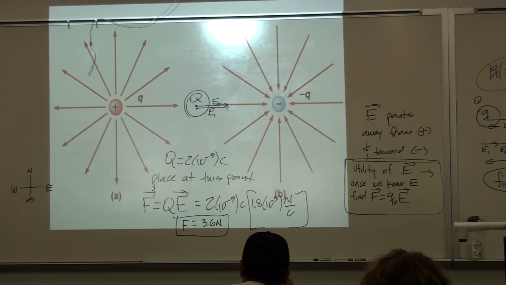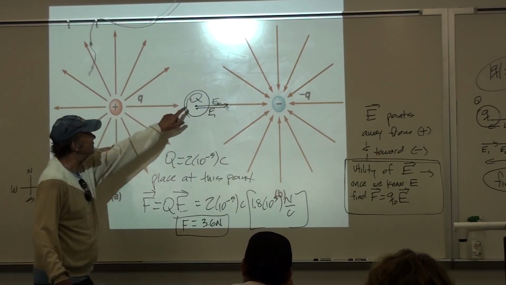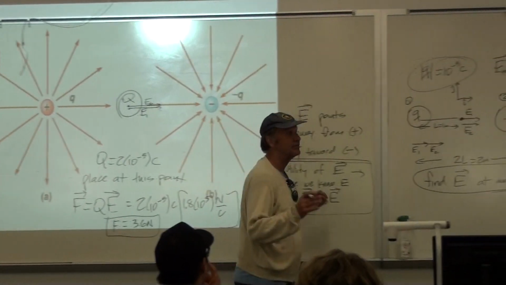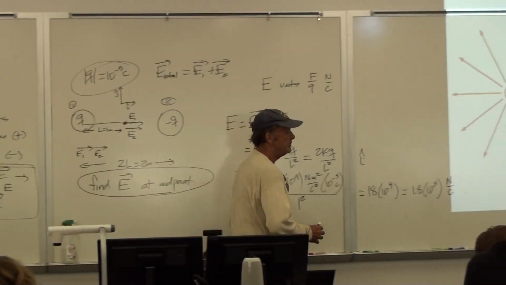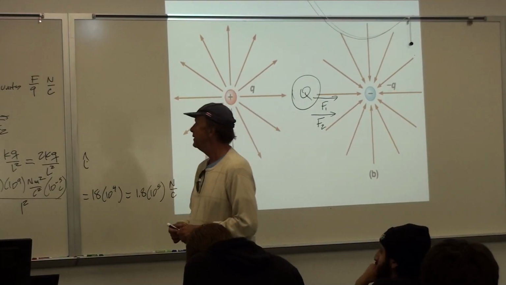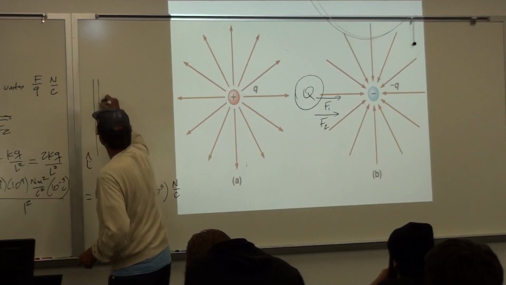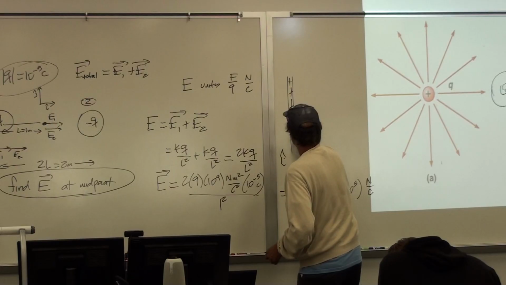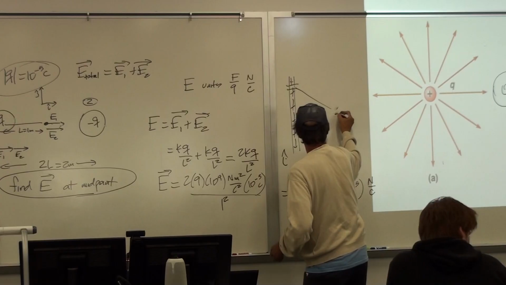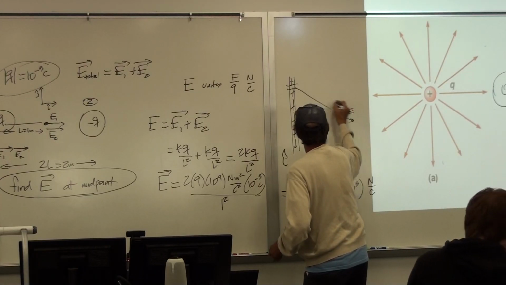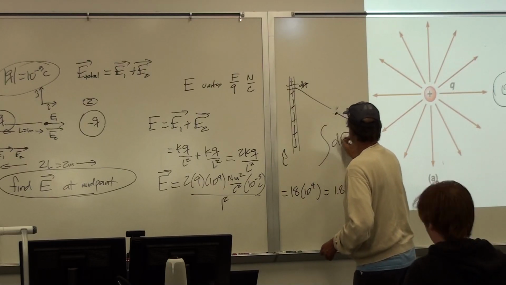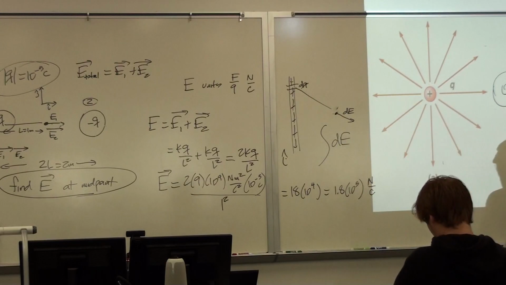So you say, well, why do it two different ways? I could have just figured out the force here and the force there from the beginning, and then I didn't have to worry about the electric field, which was confusing me anyway. And so that would be a valid argument if that's the only reason why we ever used it. But as I mentioned before, if you have a continuous distribution of charge, it's more convenient to find the little bits of electric field due to each little bit of charge, add them together as an integral to get the total electric field.